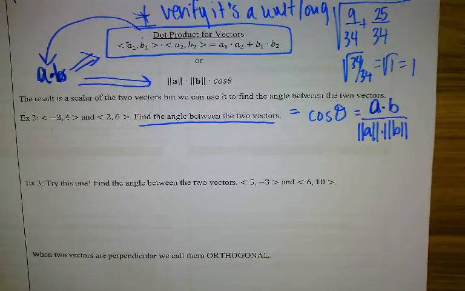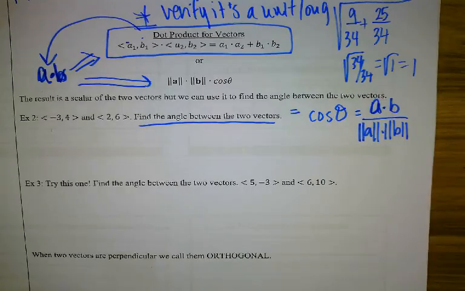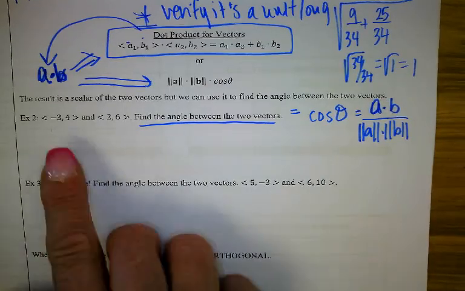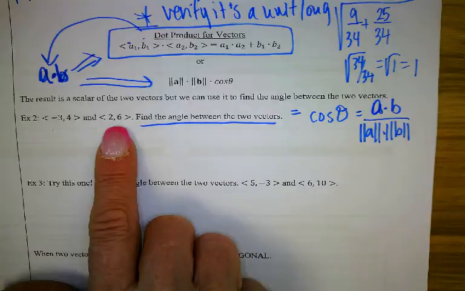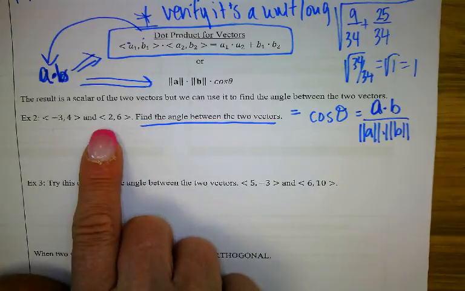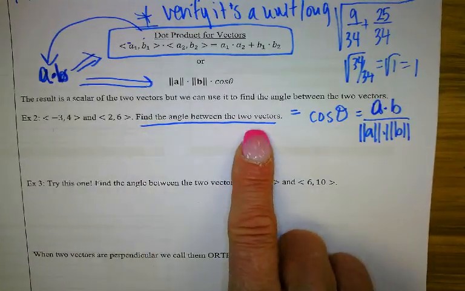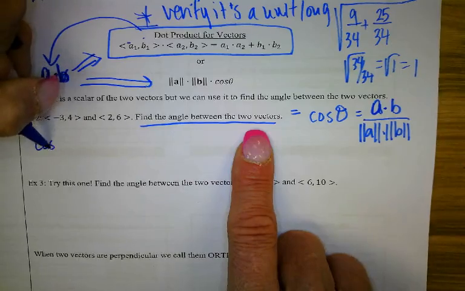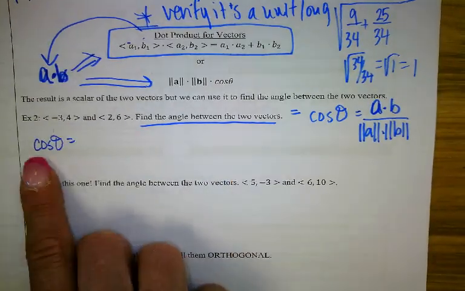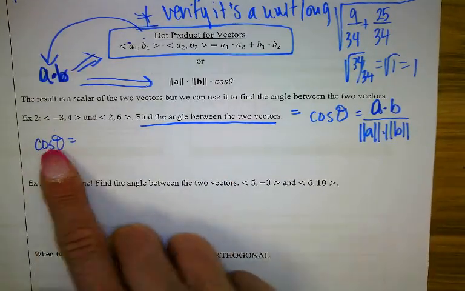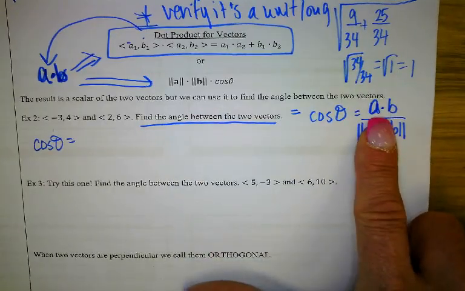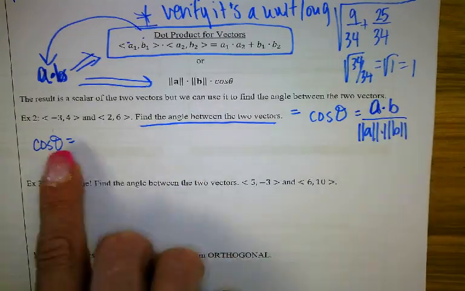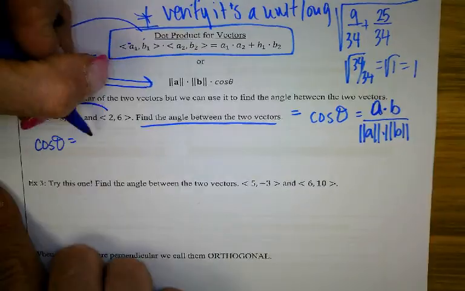Okay, so if I'm given these two vectors, I know they're vectors because they have pointy brackets. I could find the angle between them by saying the cosine of theta, the cosine of the angle between them, is the dot product of the vectors. The dot product, you multiply the x components and you multiply the y components and then you add them together.